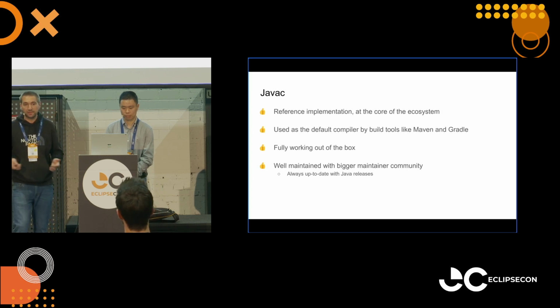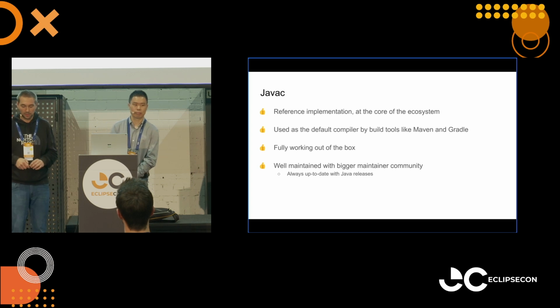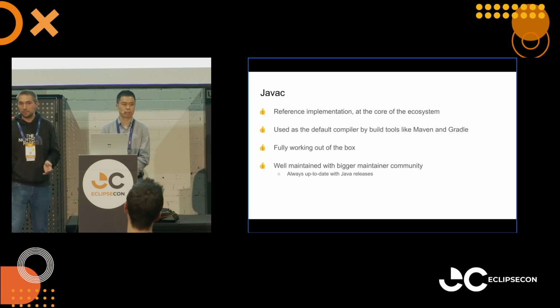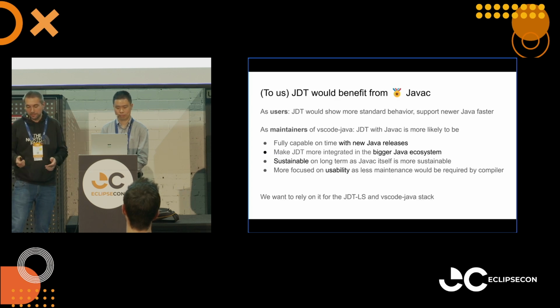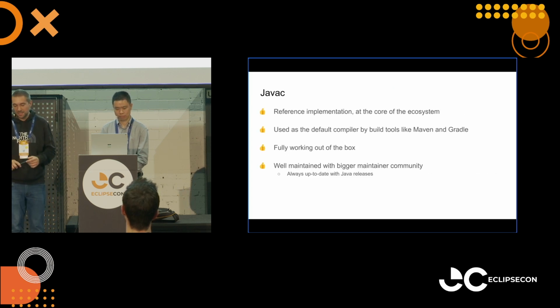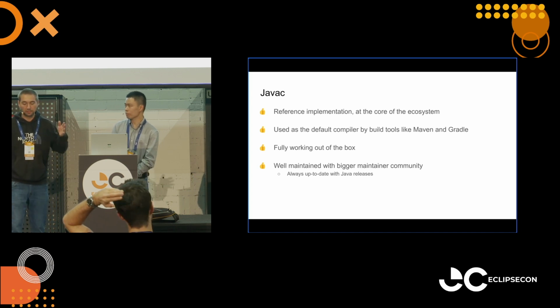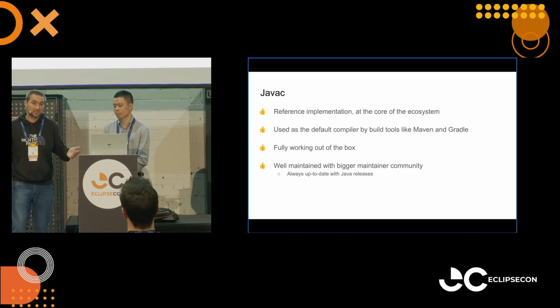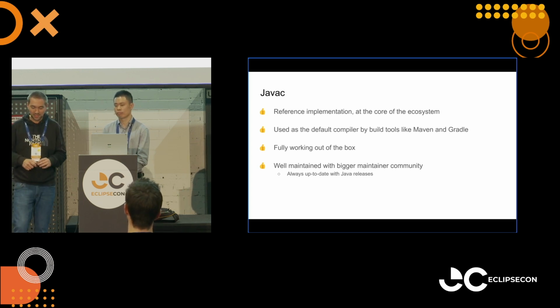Why did we choose Javac? It may seem obvious, but it may be worth reminding. It's the reference implementation. It's at the core of the ecosystem. It's where Java development happens. It's used as the default compiler by all tools in the supply chain: Maven, Gradle, Jenkins, everywhere. It's what everyone is using, so it's standard. It's less surprising.